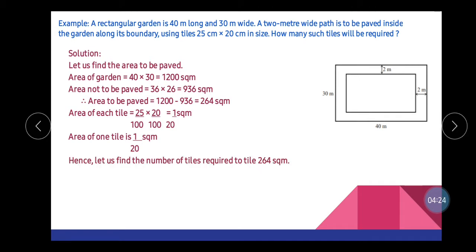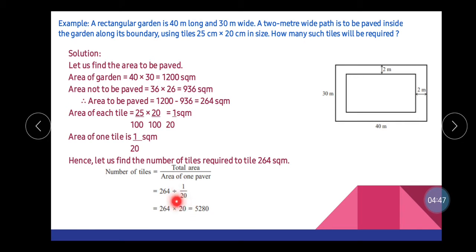Let us find the number of tiles required to tile 264 square meter, this space. So the formula will be number of tiles is equal to total area upon area of one paver. That is total area we got as 264 divided by 1 upon 20.